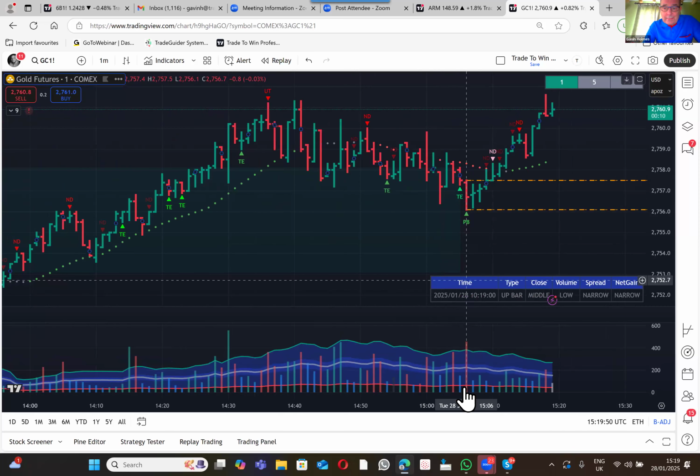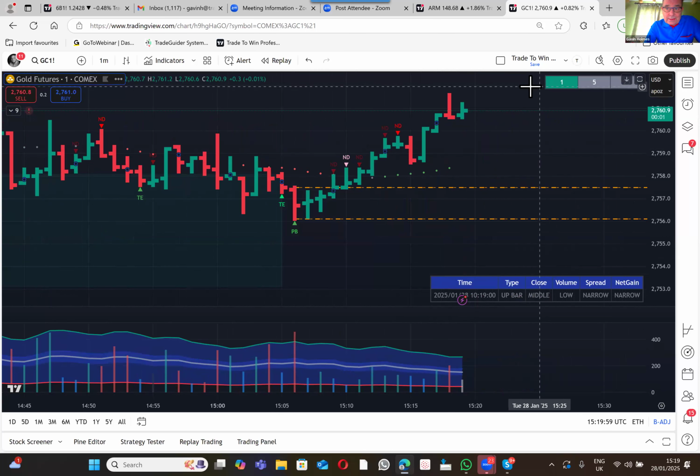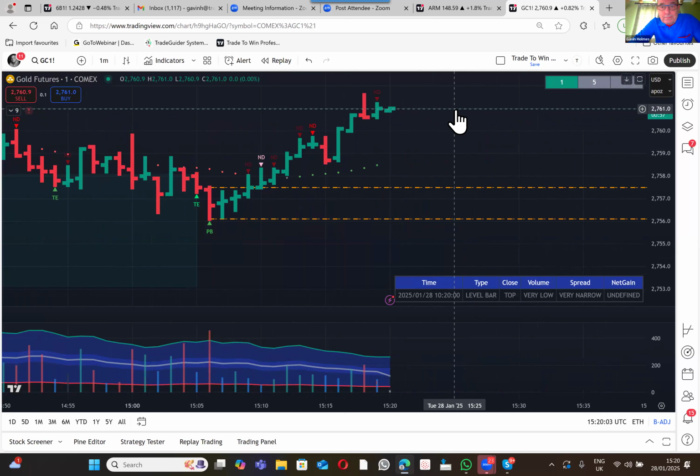There's your buying. Okay, that's the background. It's clear, it's marked it out. Everything's turned green. Now watch. What we want to see here is a test. If we don't see a test, it just keeps going up.